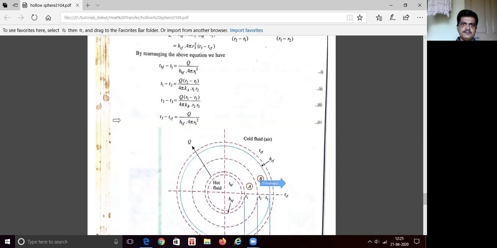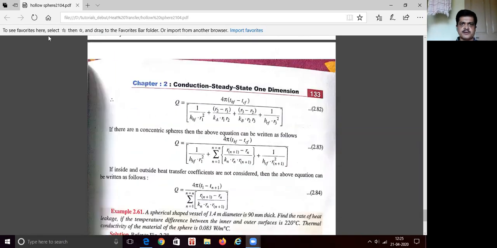By adding all the left hand sides and right hand sides, just as in the composite cylinder, we will get one equation, that is Q is equal to 4 pi of T hot fluid minus T cold fluid divided by this one.